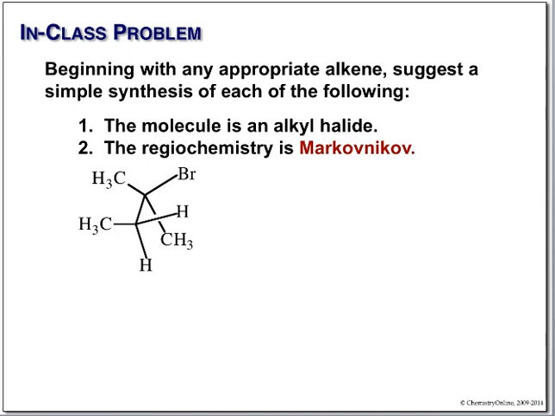How many ways do I know to make Markovnikov alkyl halides? See how simple this gets? Because you only know one way. You take an alkene and you add HBr. What alkene? Go ahead and draw an alkene. That'll work. Carbon skeleton's the same.